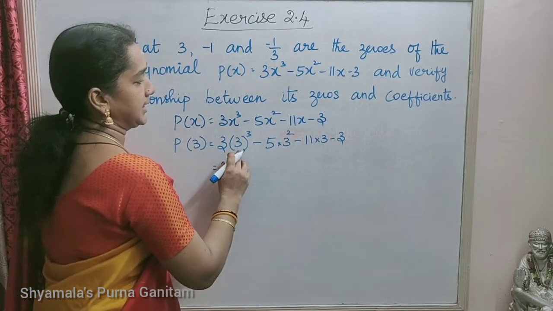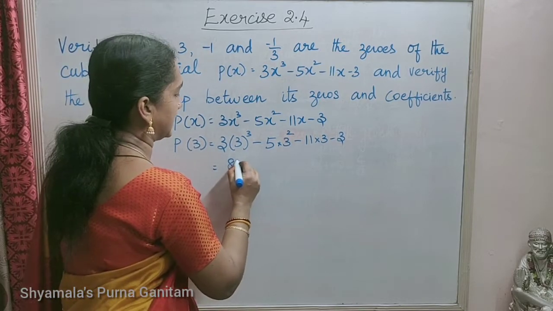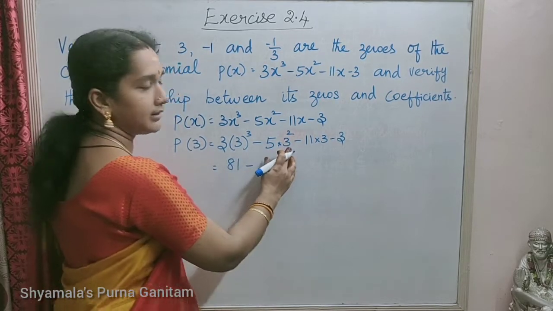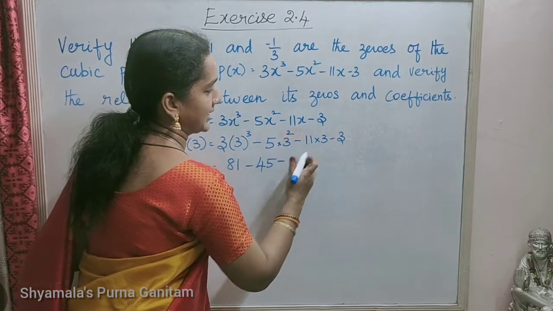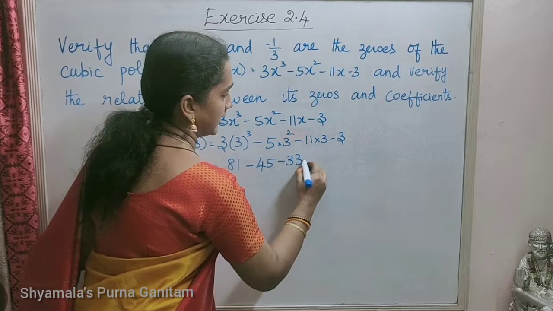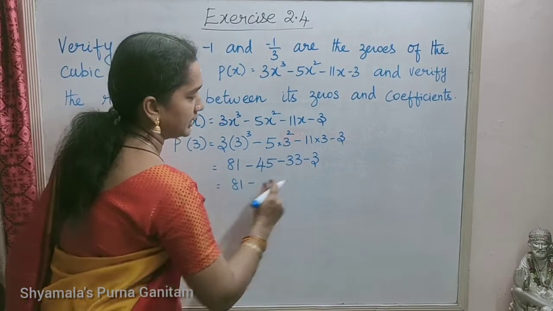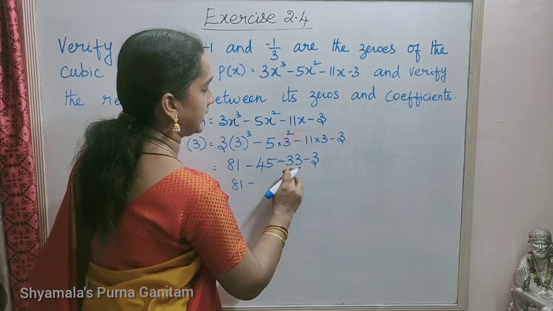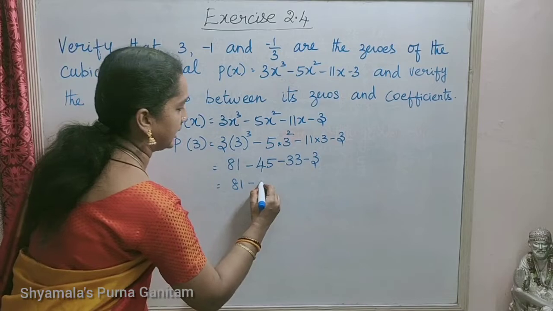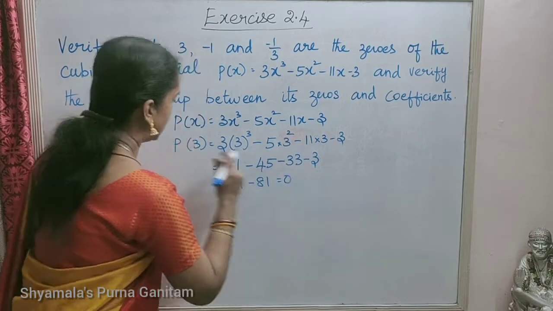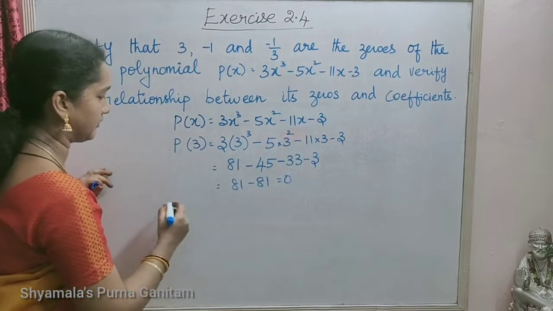So this one is 3 3s are 9, 9 3s are 27, 27 3s are 81, minus 3 3s are 9, 9 5s are 45, minus 11 3s are 33, minus 3. So this one is 81 minus 45 and 33 will be 78. 78 plus 3 is 81. So you are getting 0. So this 3 is the zero of the given polynomial. First one we have checked.